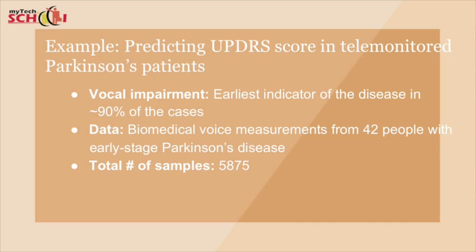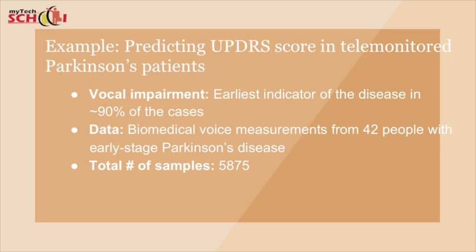There are two kinds of vocal impairments. First is dysphonia, when normal sound production is affected. And second is dysarthria, when problems with normal articulation of speech appear. In this study, biomedical voice measurements from 42 people with early stage Parkinson's disease were taken.